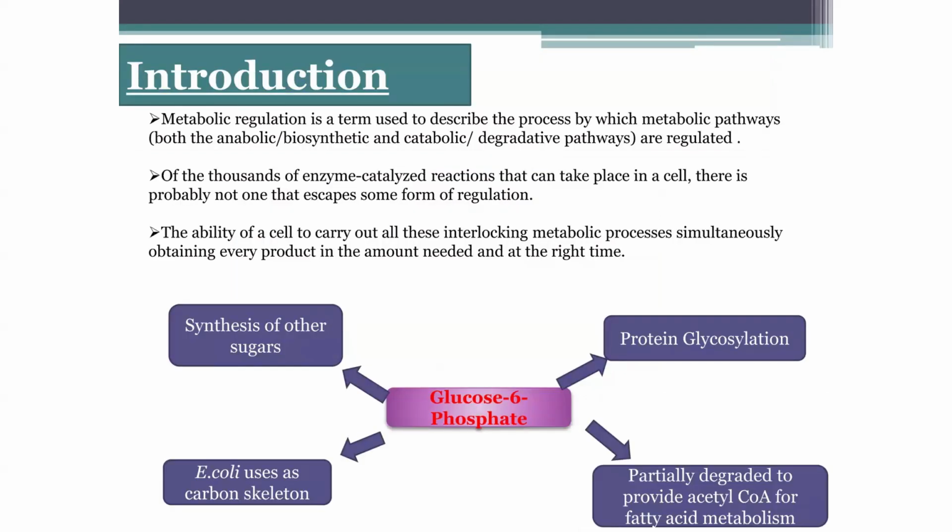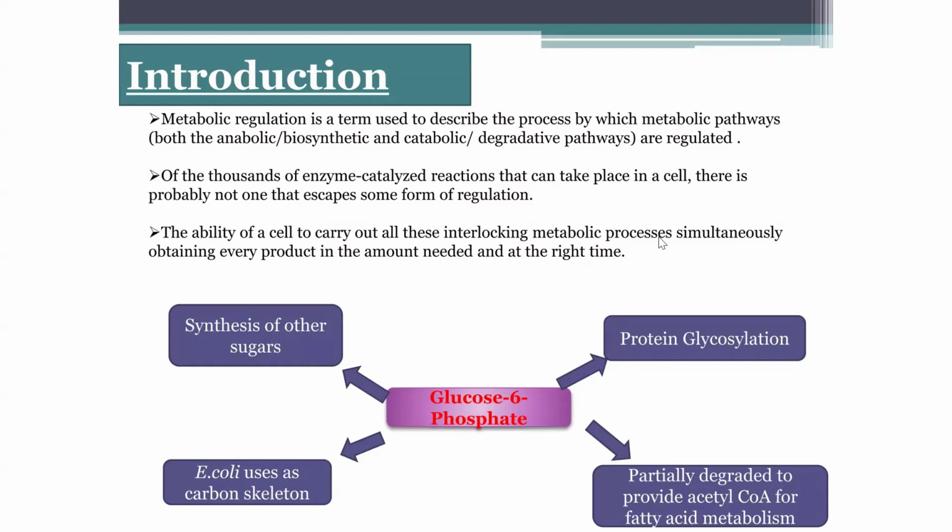So, what is metabolic regulation? Metabolic regulation is a term used to describe the process by which metabolic pathways, which can be anabolic or catabolic, are controlled. So, remember, anabolic pathways are the pathways associated with the synthesis of biomolecules.